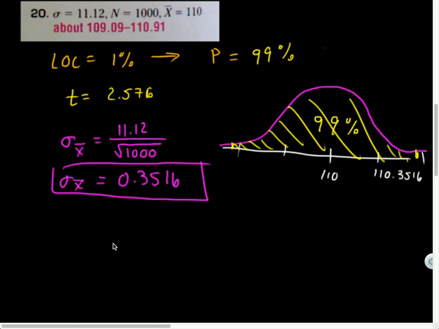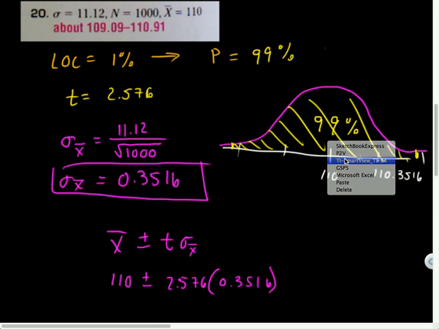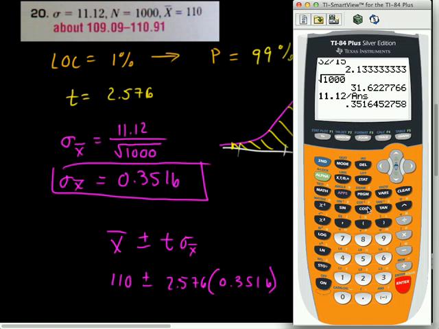My range is going to be calculated by doing x bar plus or minus my t times my sigma sub x bar. So that will be 110 plus or minus 2.576 multiplied by 0.3516, right?